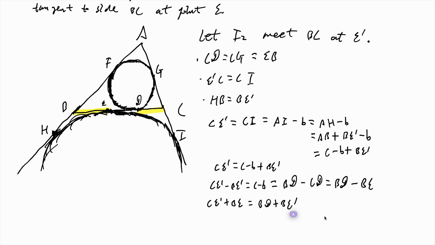It will perfectly match if E is equal to E prime from now on. But we need to prove that it is an if and only if condition. So we just proved that if E is equal to E prime, then this is true. But we now need to prove that if this is true, then E is equal to E prime, so that we have the if and only if condition.